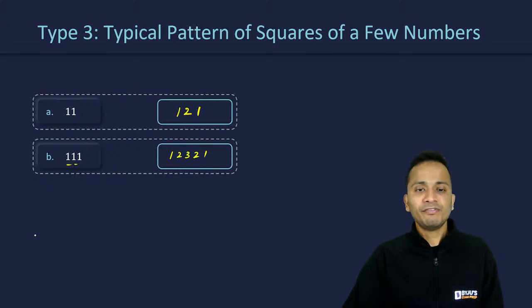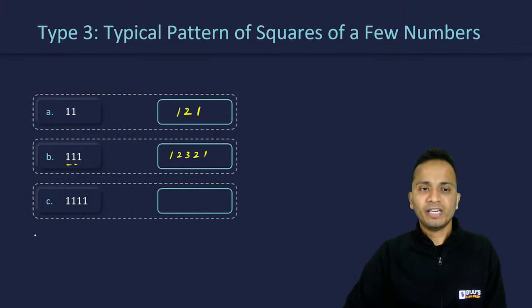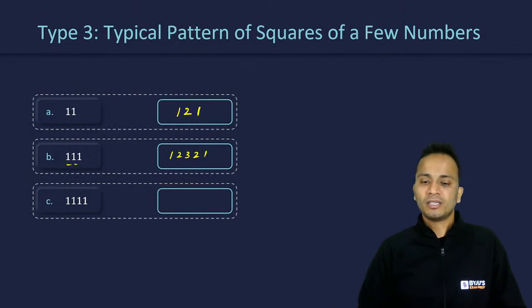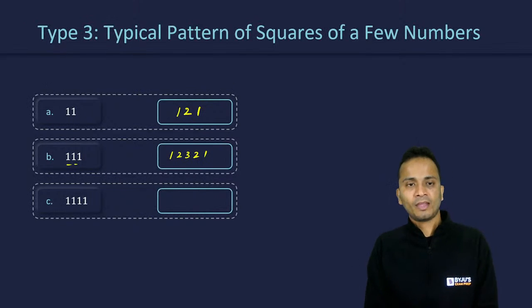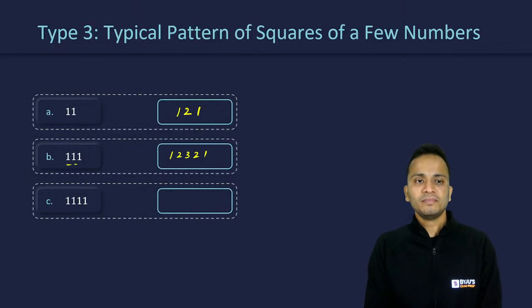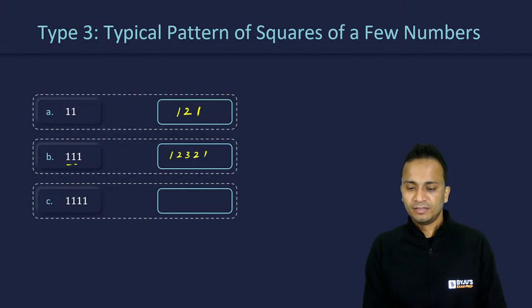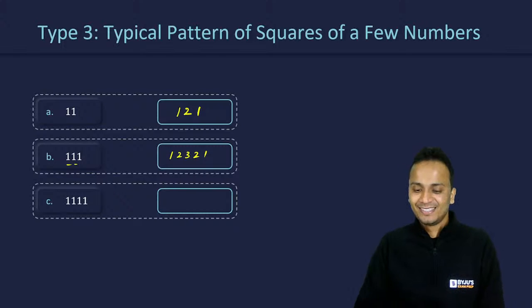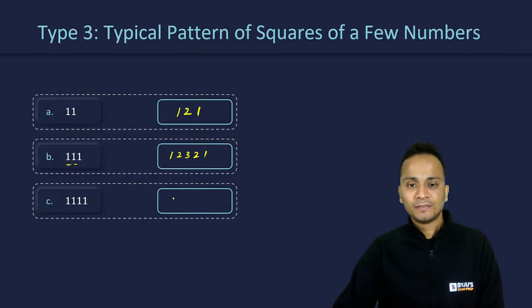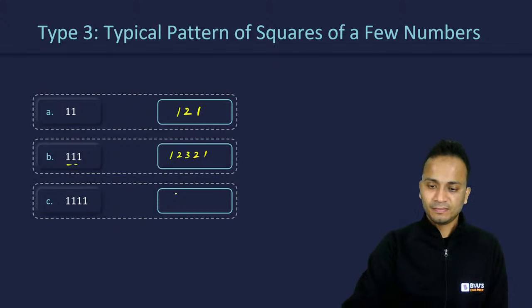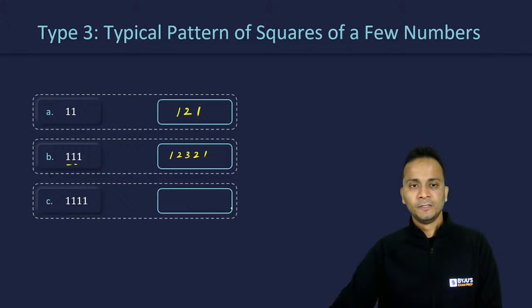Similarly, if I have the number 1111, what will be the square of this number? Come on, all of you write it quickly. 4 times 1. You should not be taking more than 5 seconds to write the answer. Let's see who will be the first person to write the answer.